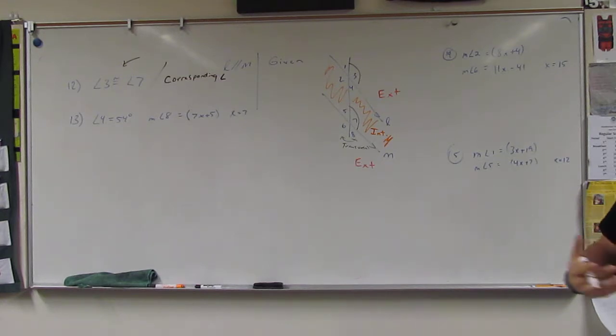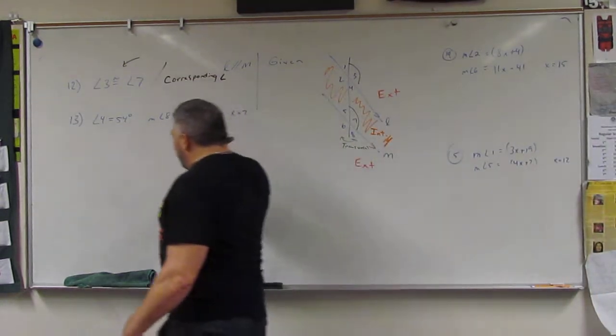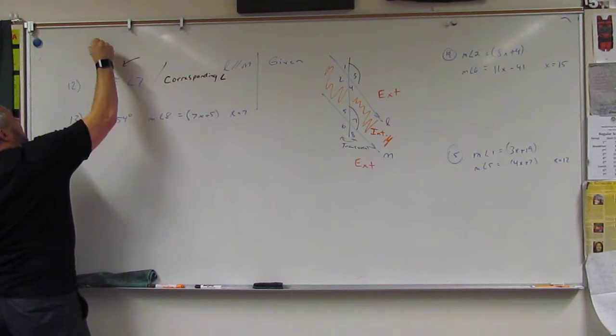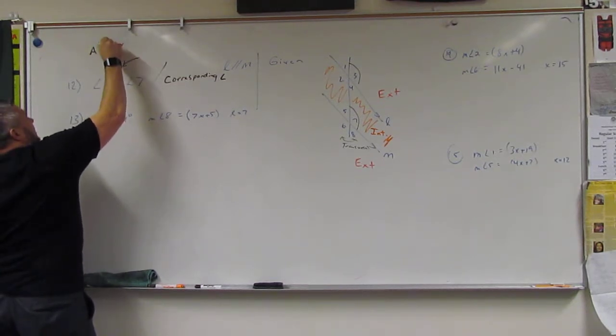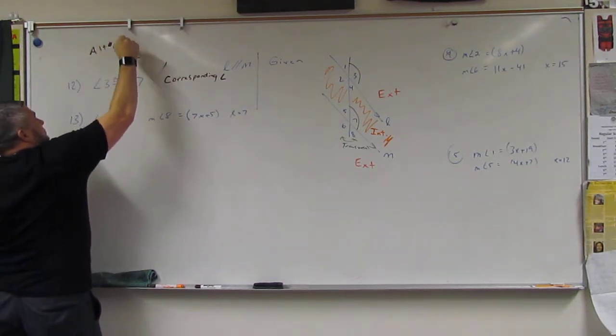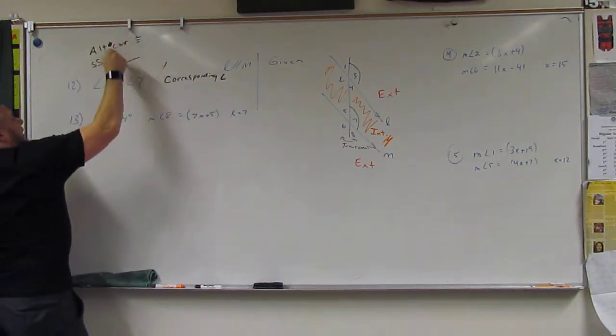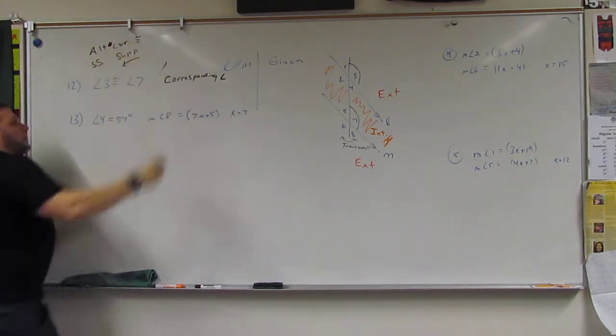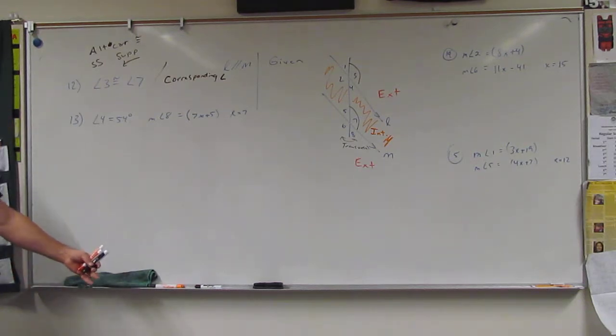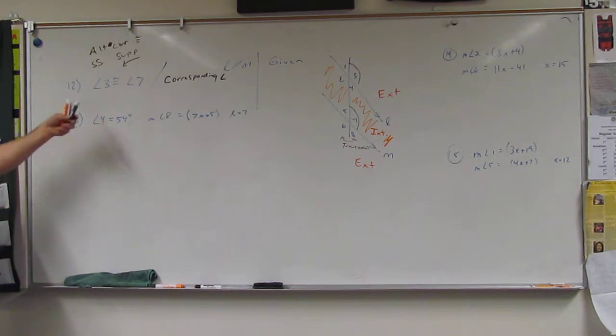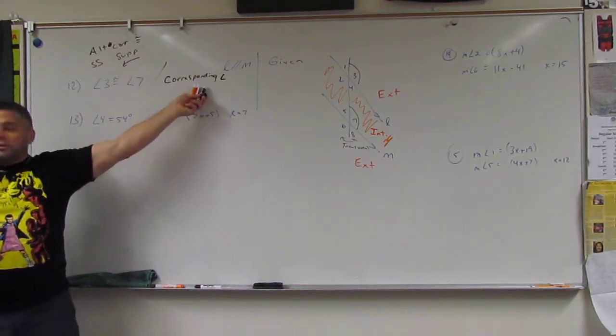If you can remember that, alternating and corresponding are congruent, same side are supplementary, then you've got it. If they're congruent, then these are parallel.